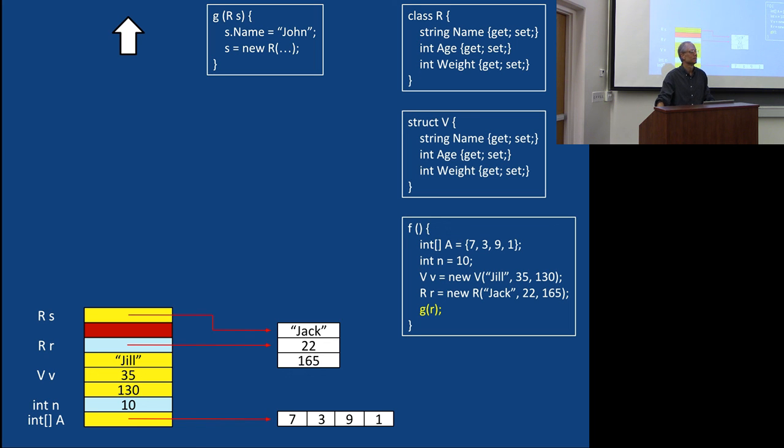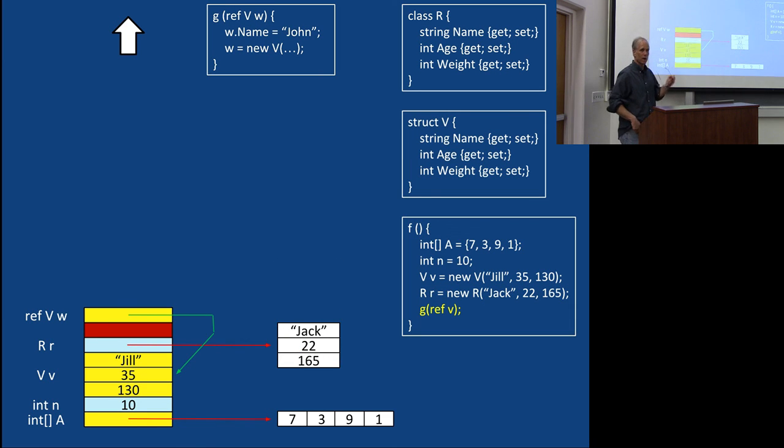For the G method, you declare the argument with the reference type, and then you pass in the V, the struct. What's going to be the output, the result? Okay, so what you're asking about is this situation right here. We've passed V by reference.